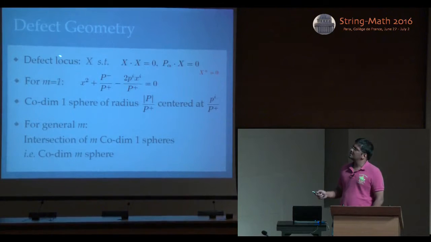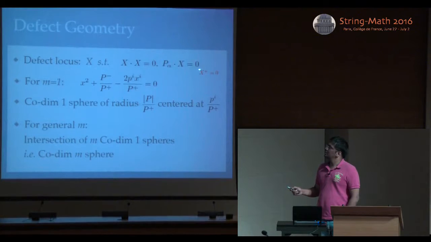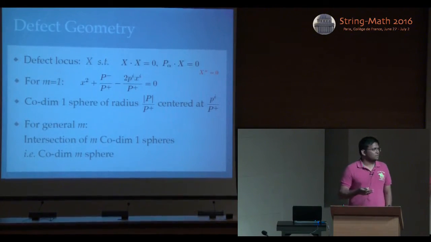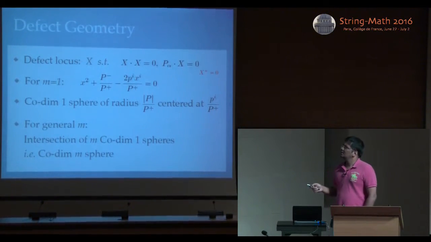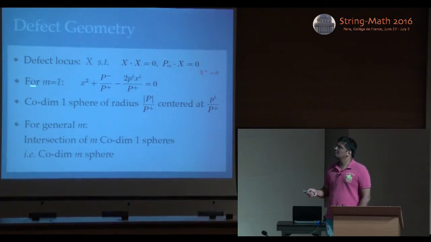Now, as described earlier, the defect locus in the embedding space is simply the points x which are null, and also lie on the Poincare section, with the transversality condition P alpha dot x. Now, let's see what this locus means in the original space. To start with, we just take a codimension 1 defect. So we take M equals 1.